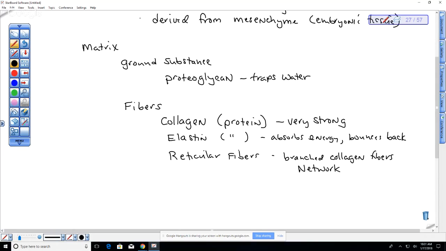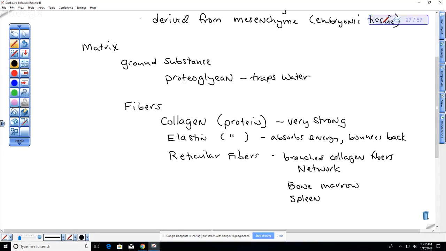So if you think about some places in your connective tissue that this might be significant, this would be like in the bone marrow. So the bone marrow is where our blood is produced. Our red blood cells and our white blood cells divide from and specialize from stem cells. But we also have lots of reticular fibers in the spleen, for example.